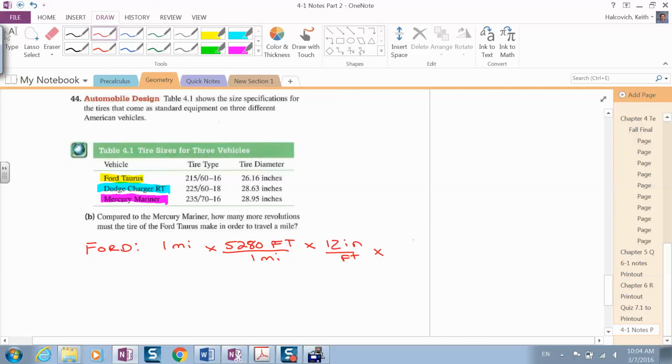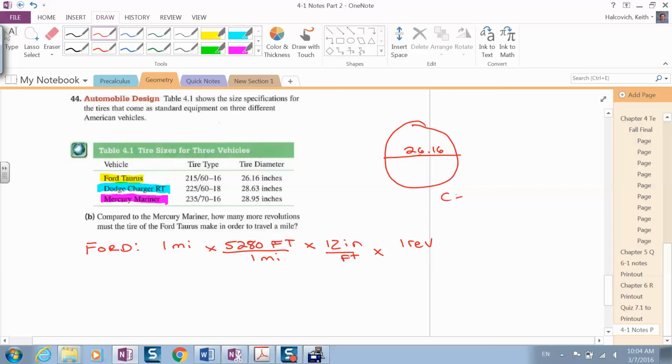If you multiply that by 1 revolution, and remember, a revolution of the tire is just the circumference, how far it goes around the circle. The tire diameter in this case is 26.16 for the Ford.